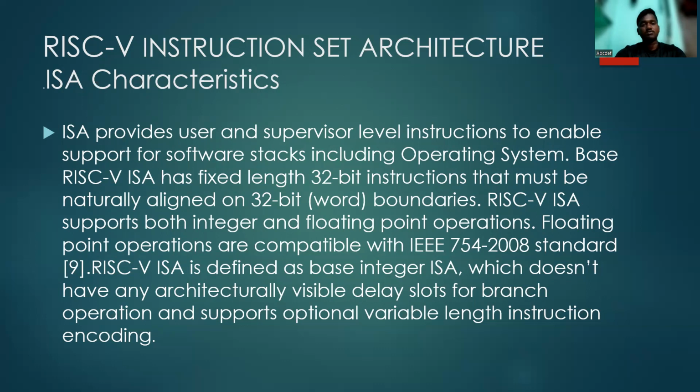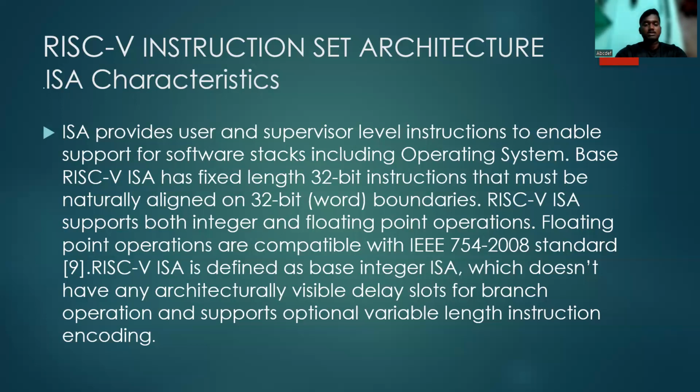RISC-V ISA has fixed length 32-bit instructions that must be naturally aligned on 32-bit boundaries. RISC-V ISA supports both integer and floating operations. Floating point operations are compatible with IEEE 754-2008 standard.